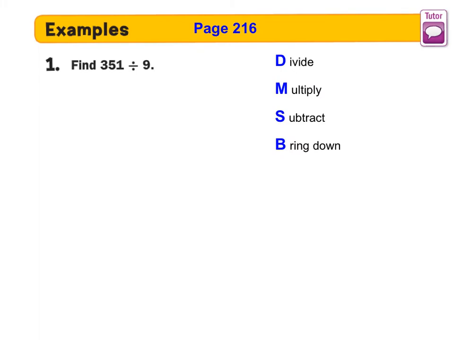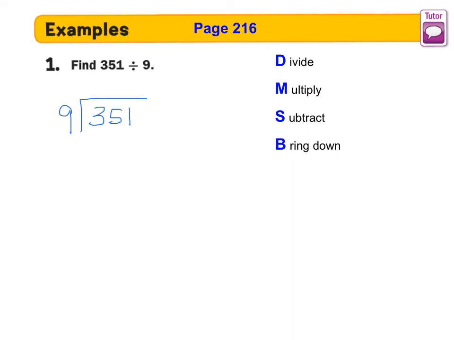Page 216, we have a few examples. We're going to use this traditional algorithm: divide, multiply, subtract, bring down. The first step to doing this is to rewrite the problem so that we take the dividend, 351, divide by the divisor, 9, to get our quotient. Our first step is to divide.